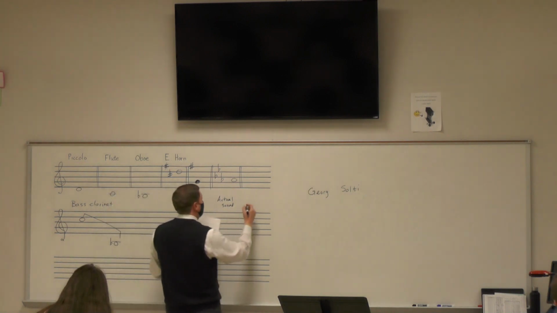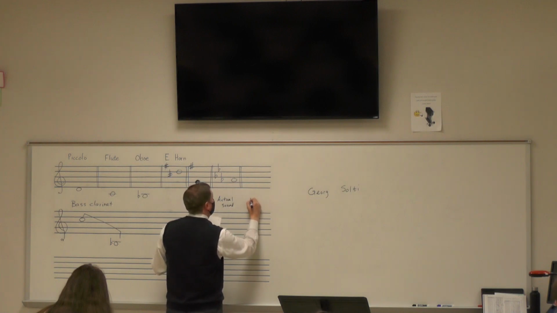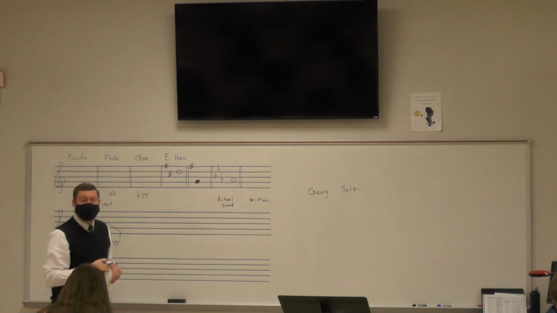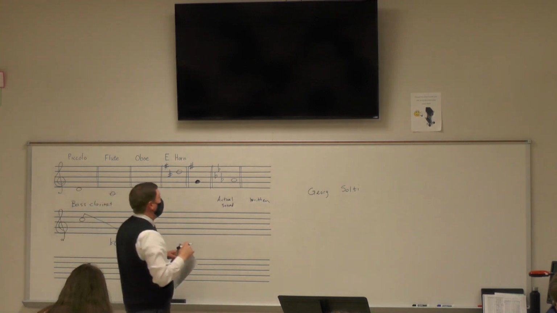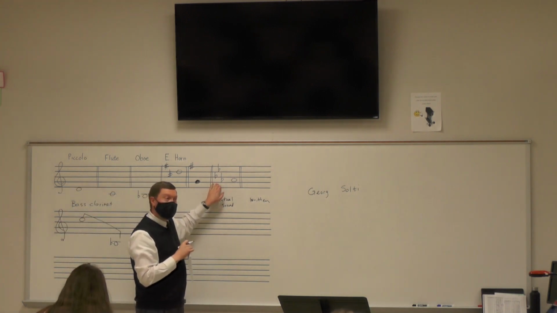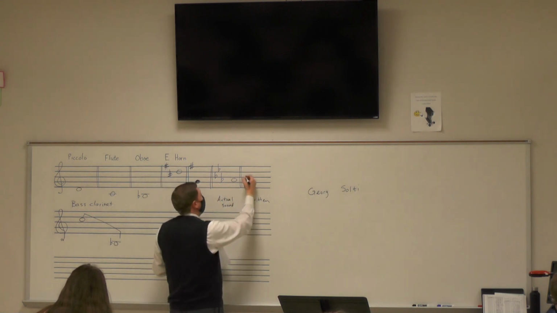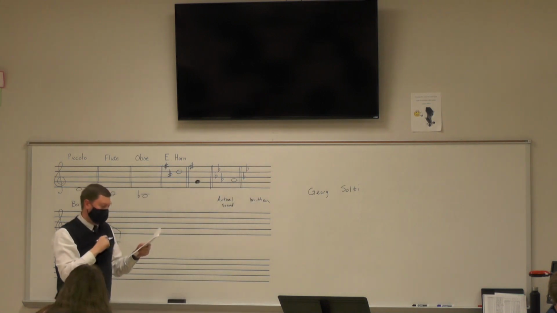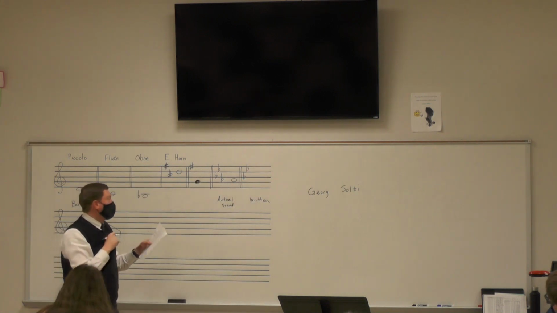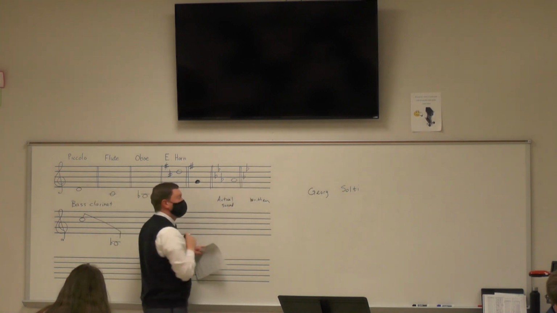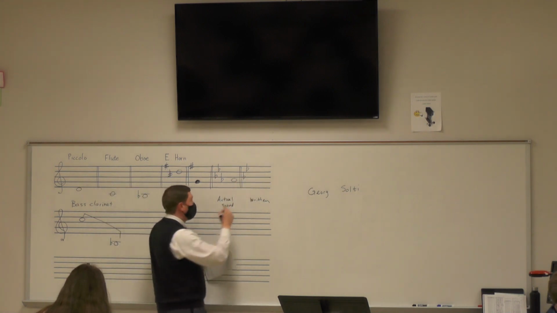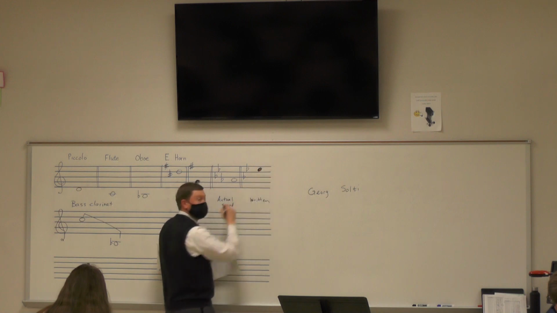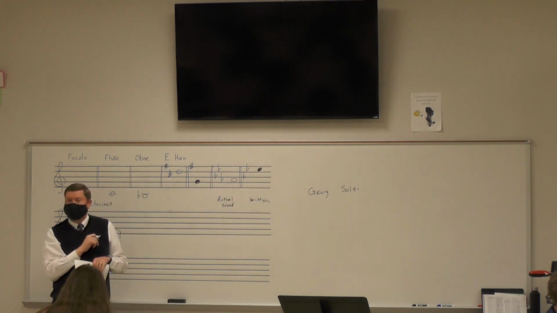What would I need to write for the English horn in order to get this pitch in this key? Okay, first of all, let's try the key. What would the written key be? B flat major, a fifth higher than E flat major, and B flat major's key signature is two flats, right? And what would the written notated pitch be? E flat, that's right. A fifth higher. That makes sense?